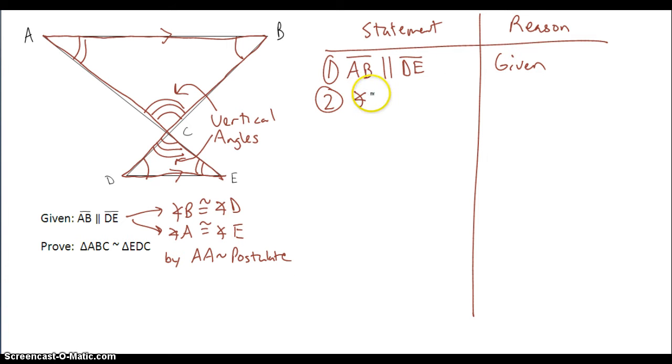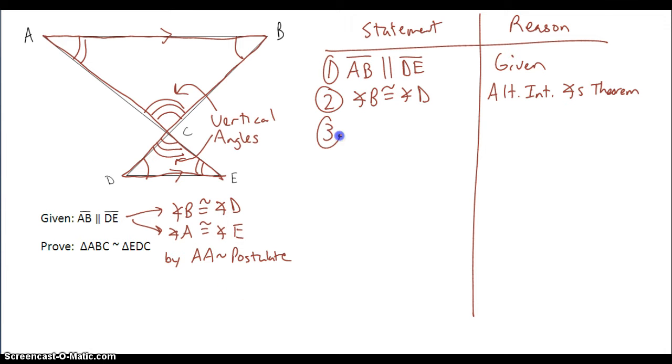Because statement 1 is true, I can conclude that statement 2 is true. Angle B is congruent to angle D by the alternate interior angles theorem. That gives me my first pair of congruent angles for angle-angle similarity.